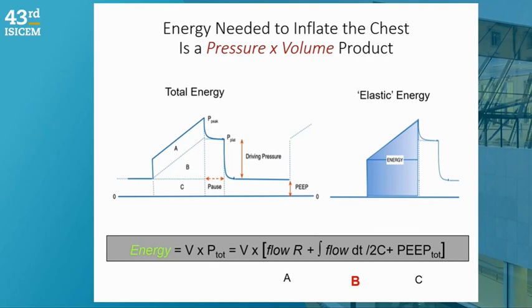So energy is volume times the total pressure, which has the component A, a flow resistive component, the average driving pressure component, which is the integral of flow divided by compliance, and positive end expiratory pressure.